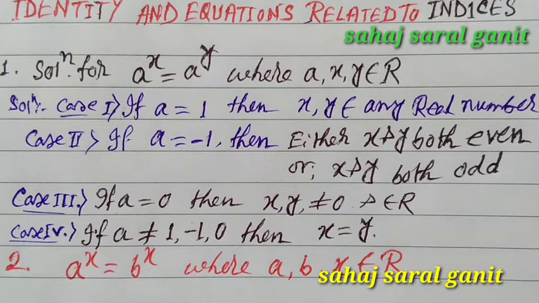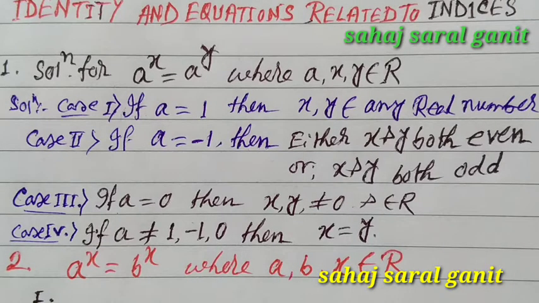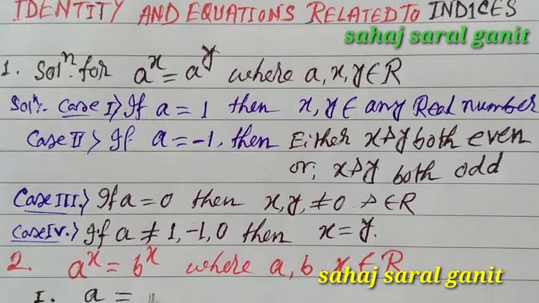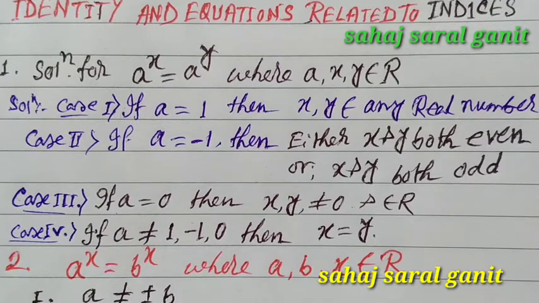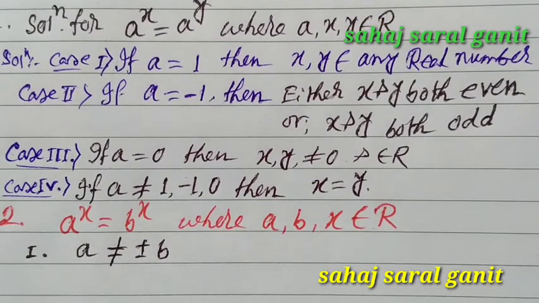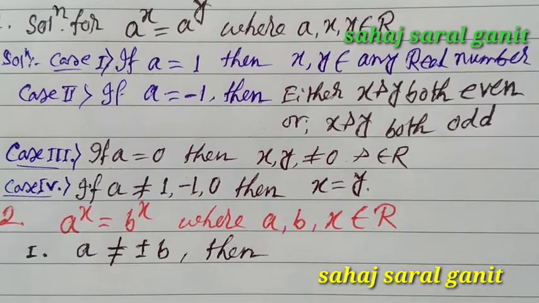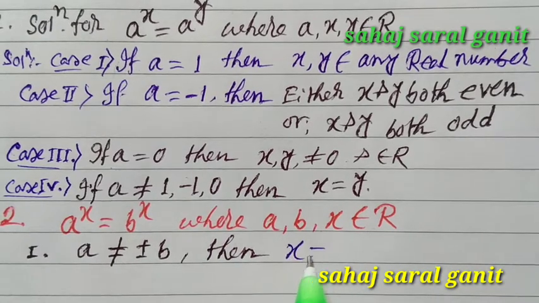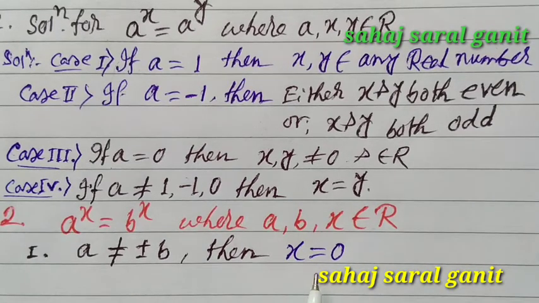Now we have case 1, that a and b are not equal, even in plus minus, that is a not equal to b or a not equal to minus b, then it is possible only when x is equal to 0.